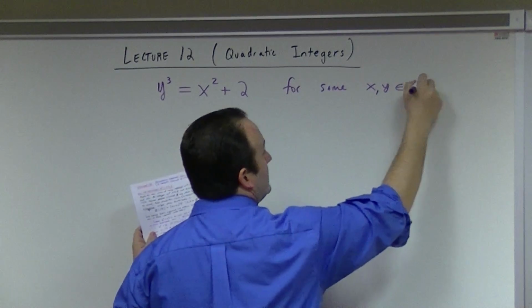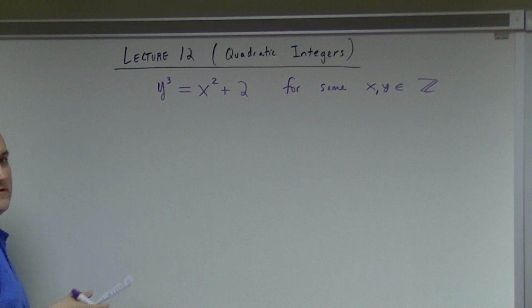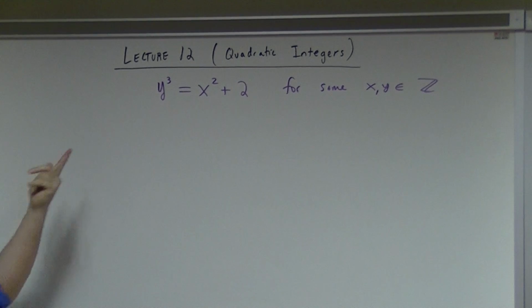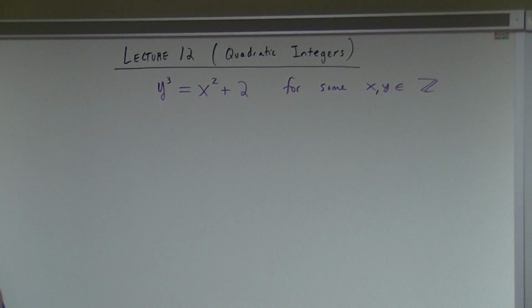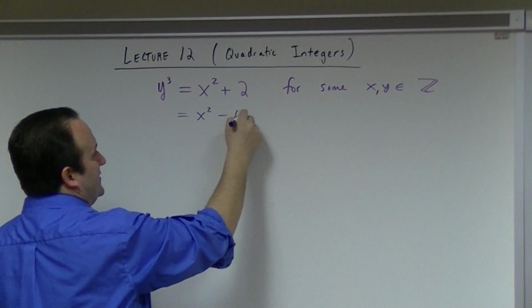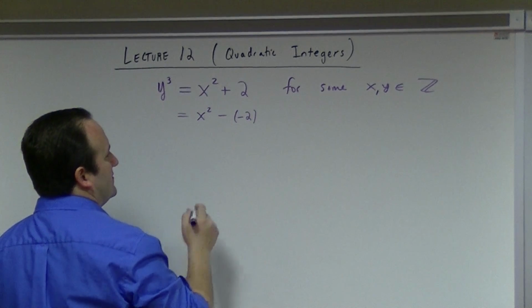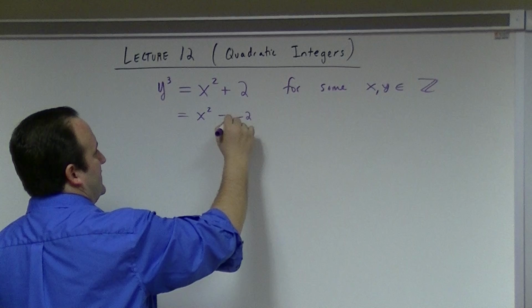All right, so basically what do you do? How can you factor that? Let me rewrite it. This is x squared minus, well, no, that's not right. Minus the square root of minus 2 squared, right?